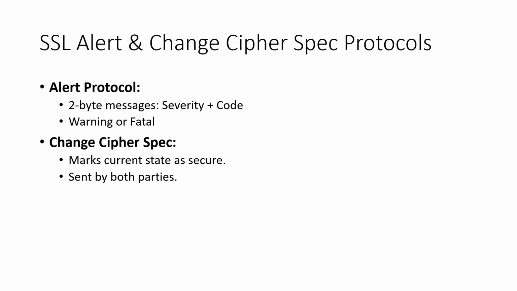The change cipher spec protocol is very simple, just a single byte of value 1. It acts like a trigger, informing the other party that all further messages will be encrypted using the agreed upon keys and algorithms. It's sent by both client and server before secure communication begins.